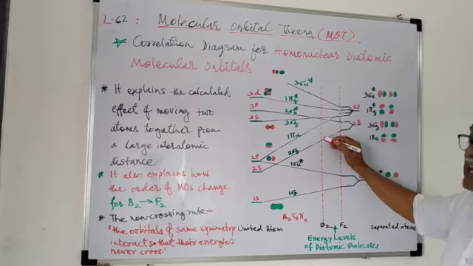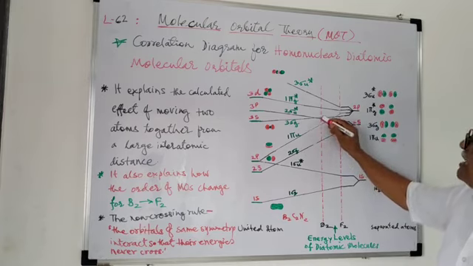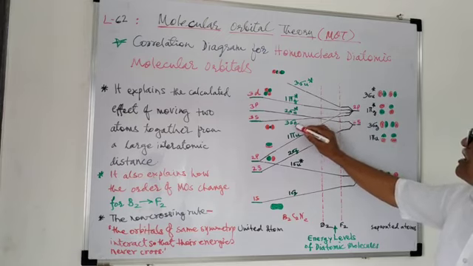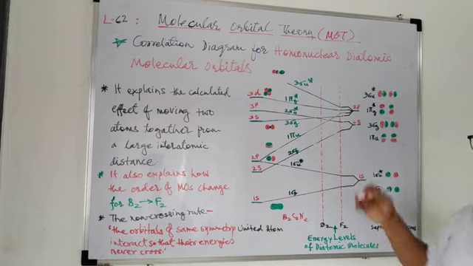So we have seen that the pi orbitals are filled first, and then the electrons are filled into this sigma symmetry 3 sigma g molecular orbital.